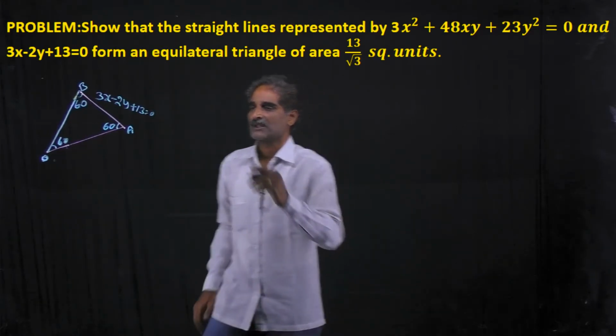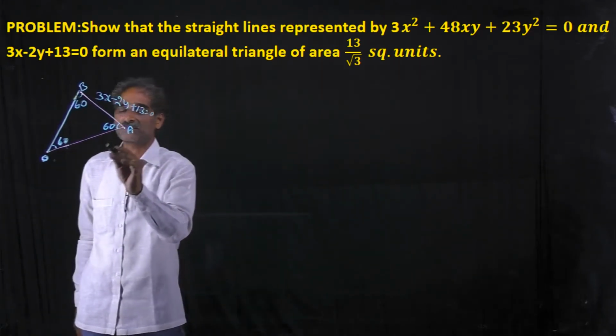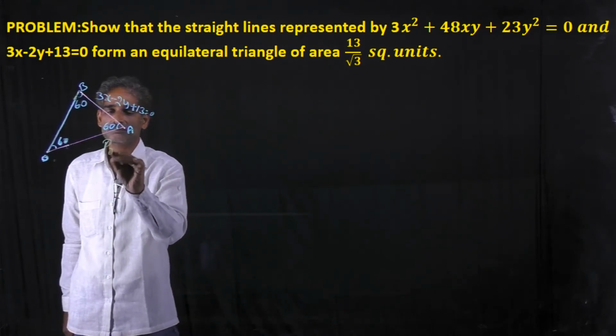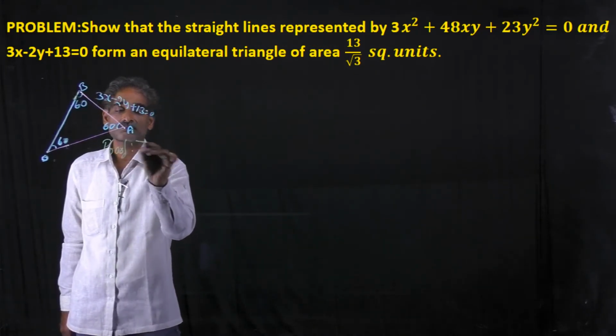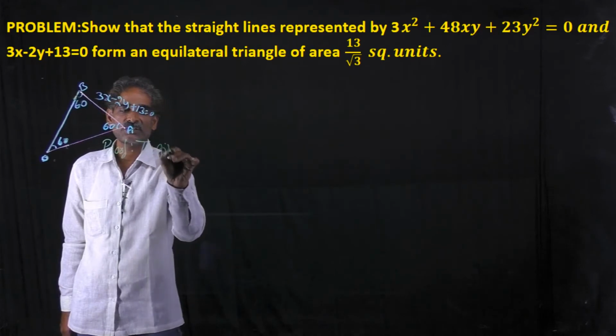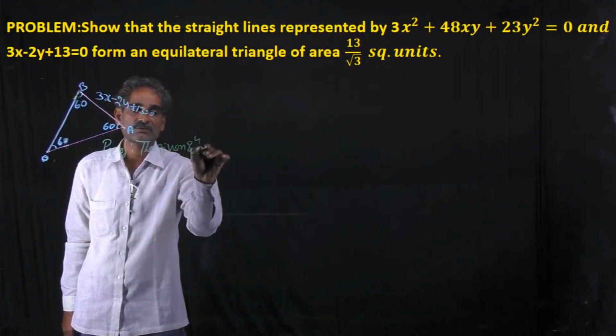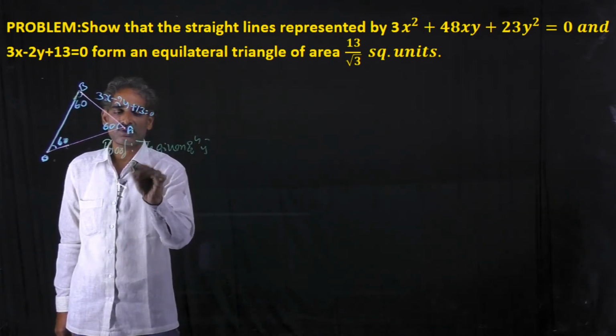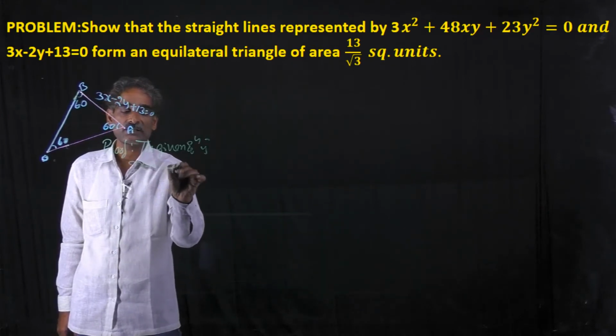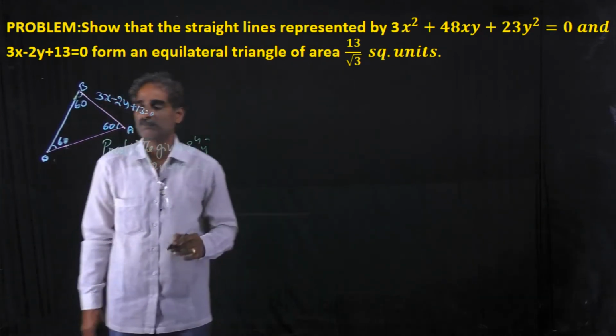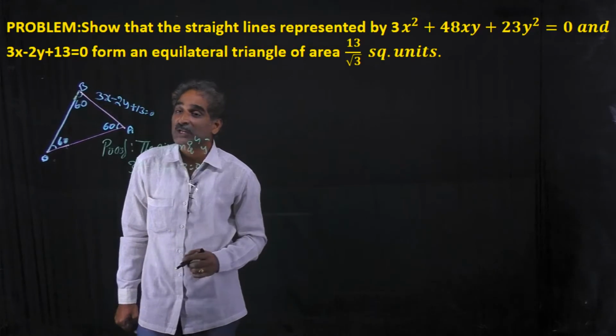Okay, understand? So the given equation is 3x minus 2y plus 13 equal to 0. Consider the triangle is equilateral.